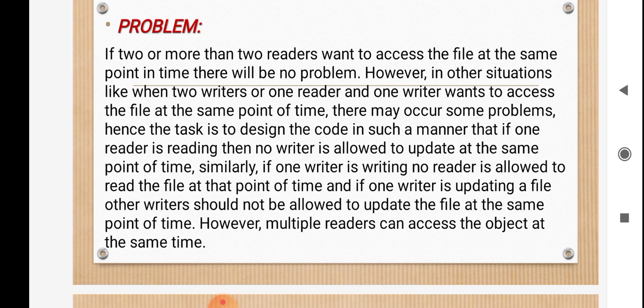Or if one reader and one writer want to access the file at the same time, there will also be a problem. So how do we remember when there will be a problem and when there will be no problem?